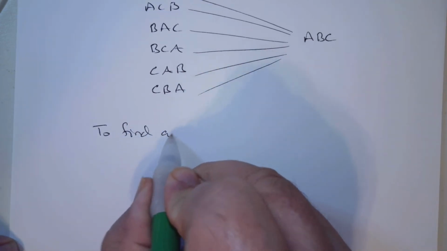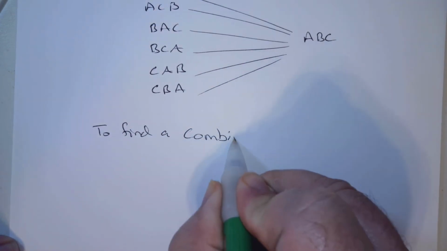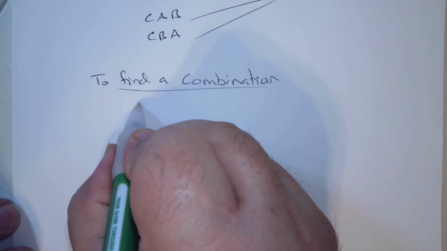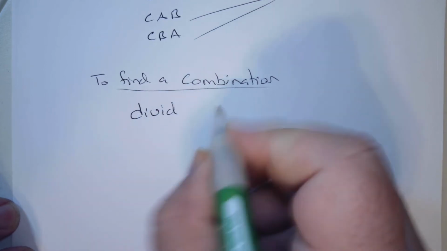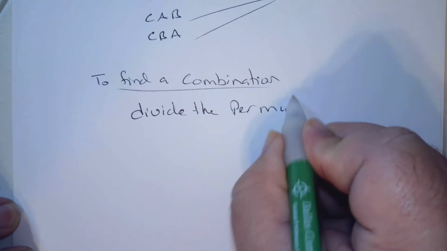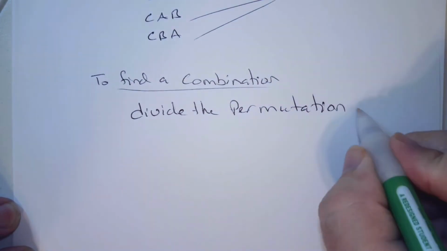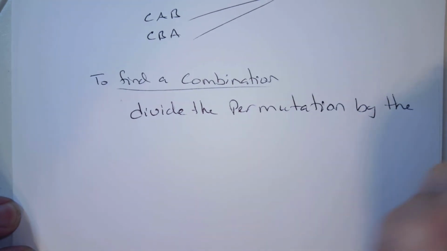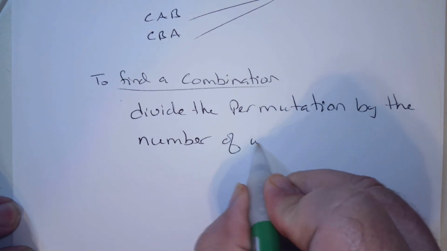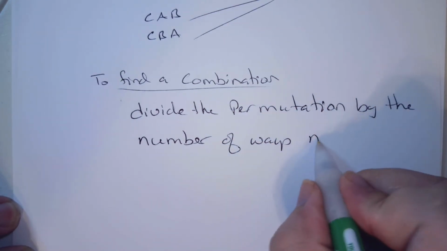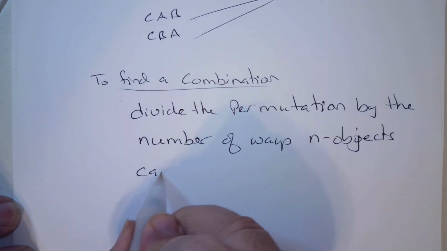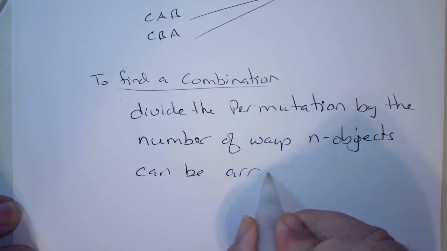So to find a combination, divide the permutation by the number of ways n objects can be arranged.